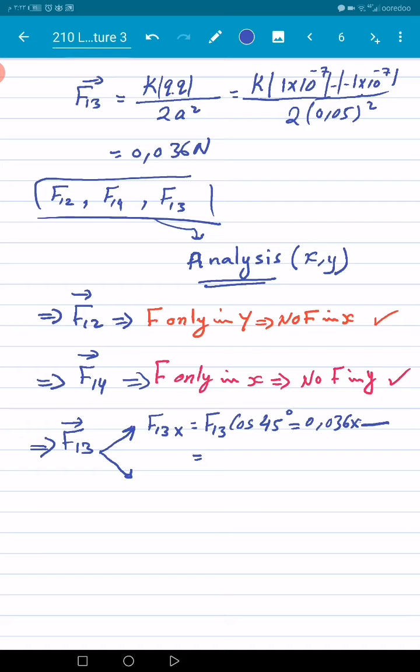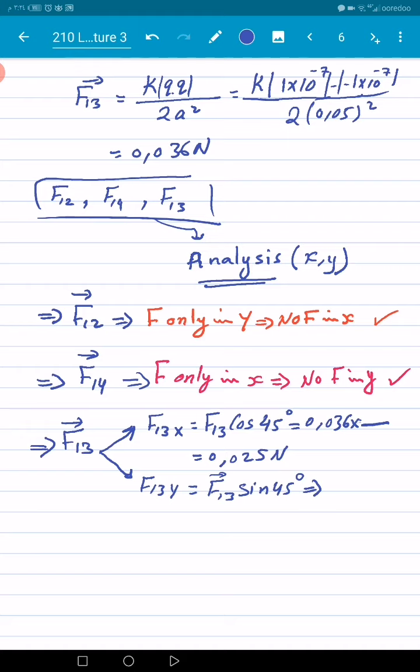So it's equal to 0.025 Newton. F13y is equal to F13 times sine 45 degrees.